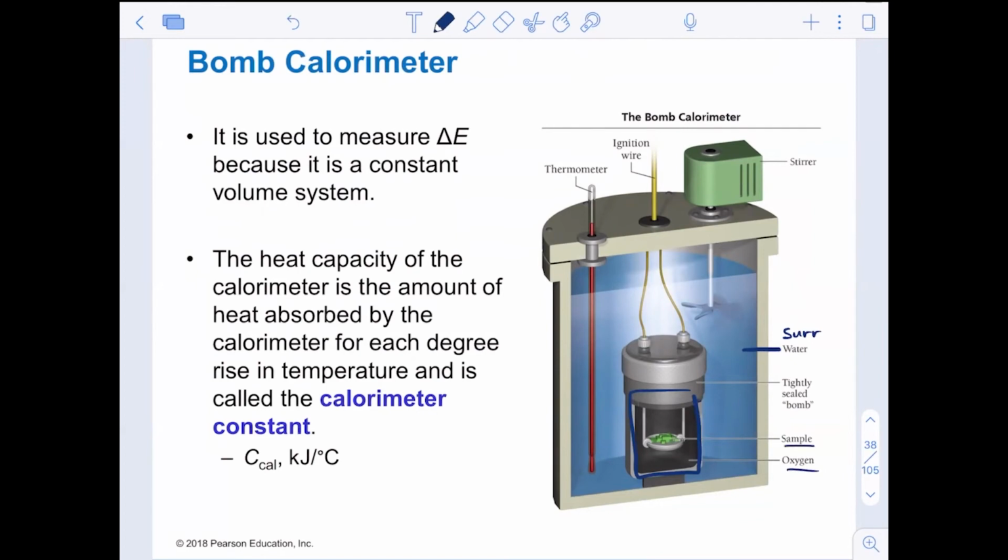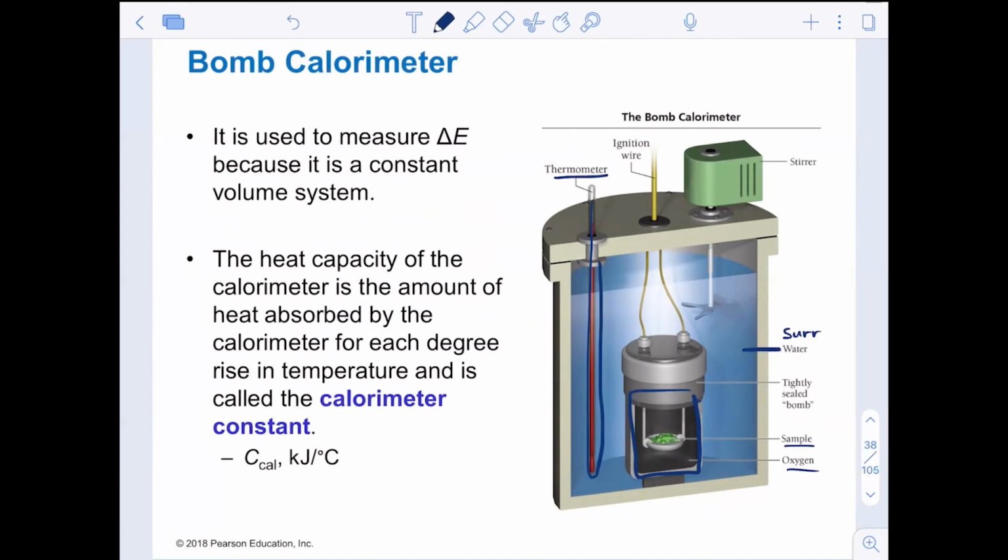Most often what we do in bomb calorimetry is oxidation reactions. And so we'll put a tiny little bit of sample hovered right there in the middle. We'll take all of the air out of it and only pump in oxygen. The thermometer up here is only measuring that of the water, measuring the surroundings change in temperature.